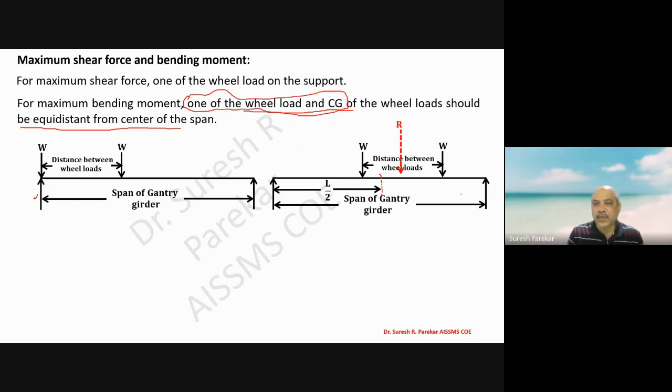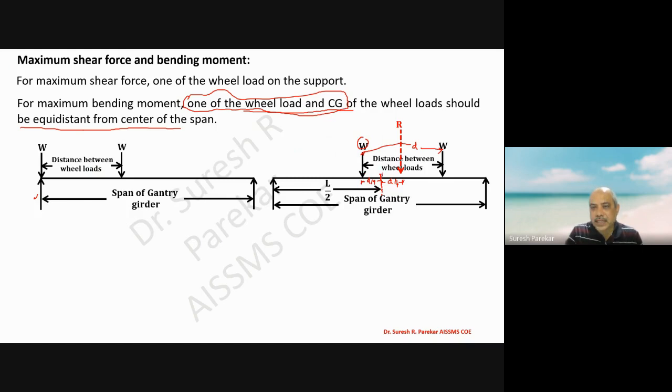Here we have considered this wheel load. So this will be L by 2 till this, and these two are equidistant. If I say this distance is D, then I have this distance from the center as D by 4, and this also as D by 4.